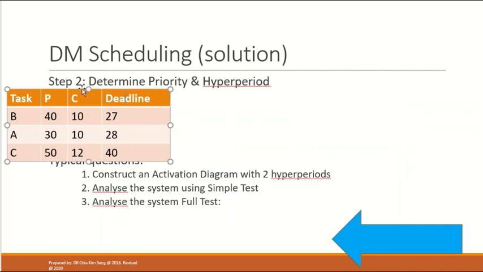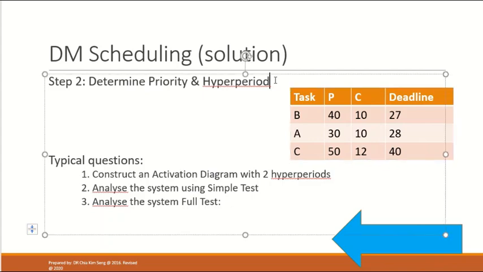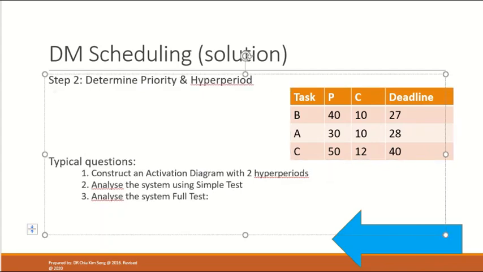Okay, the deadline monotonic, so based on deadline for DM scheduling. If it were RM, we would base it on the period.